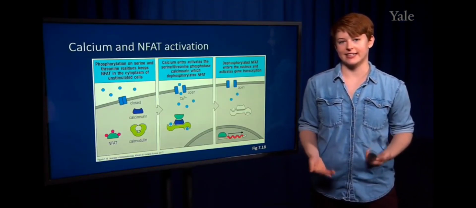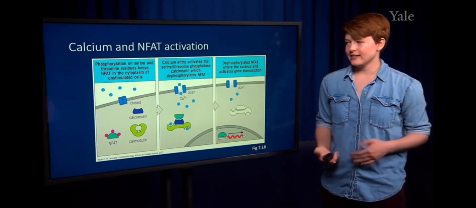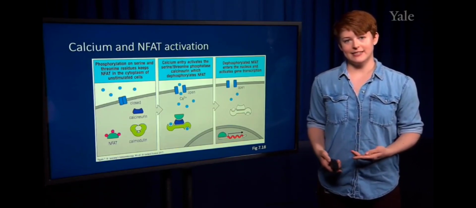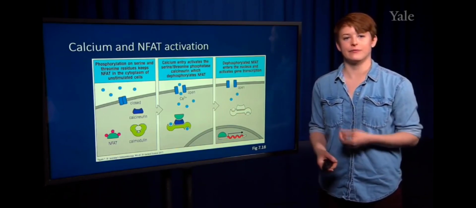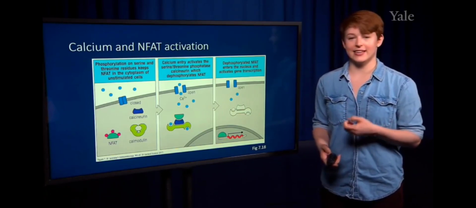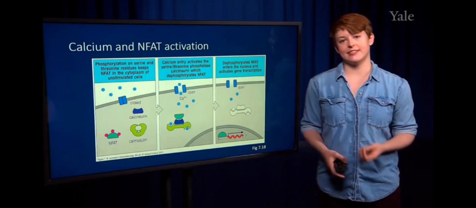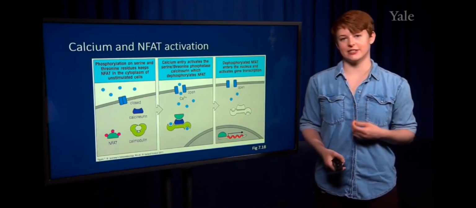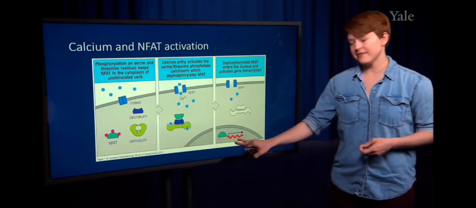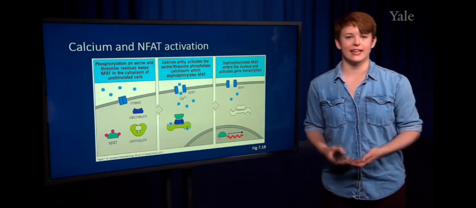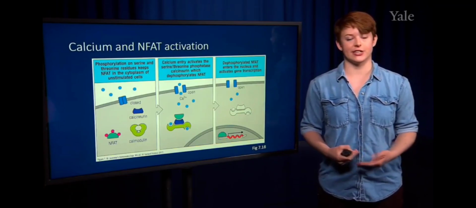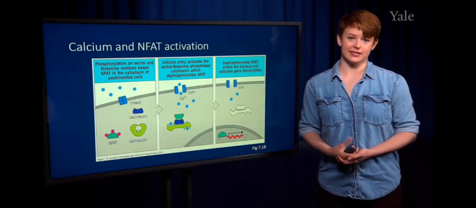So here, I know this is a complicated process, but you can see how this branch point leads to calcium signaling, which then, through these phosphatase activities, causes transcriptional changes. So NFAT can bind to the DNA and then lead to different transcription of proteins, which are important for lymphocyte activation.